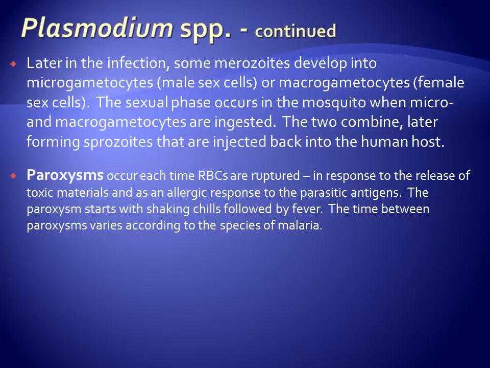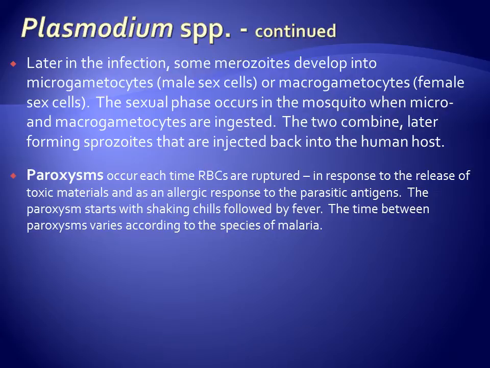When the red cells rupture, they release not only infective parasitic particles, but also toxic products that have been produced in relation to the infection. And so the body basically has an allergic reaction to these toxic materials, and this generates the paroxysm.